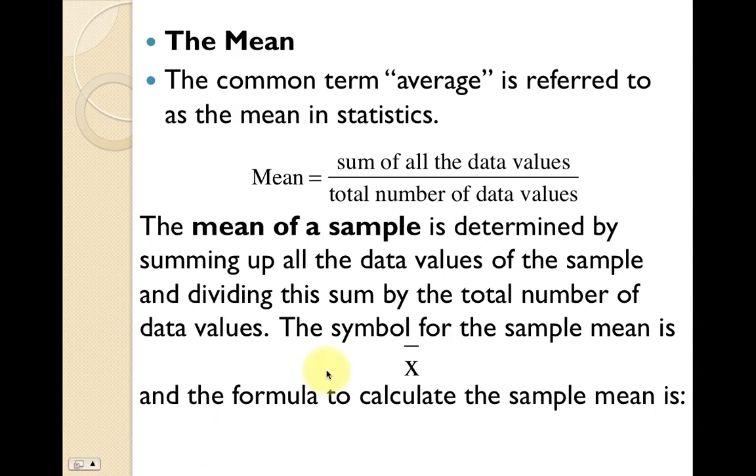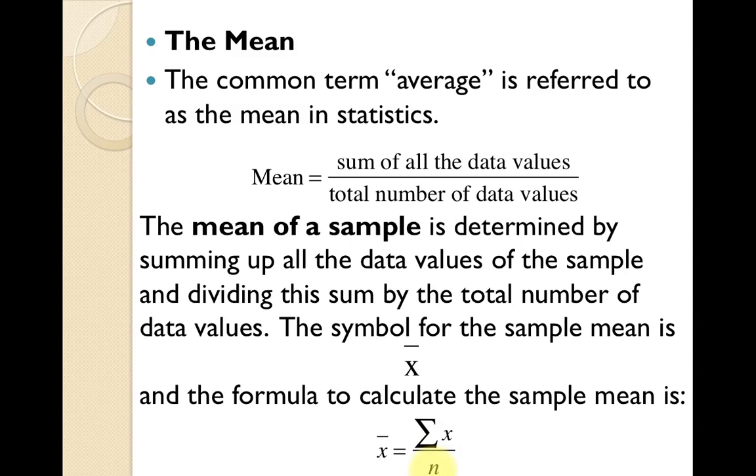The formula to calculate the sample mean is x bar equals sigma x, that's an uppercase Greek sigma, over n. Sigma x means take all of the data values in the data set and add them all up, and over n means to divide by the size of the sample.